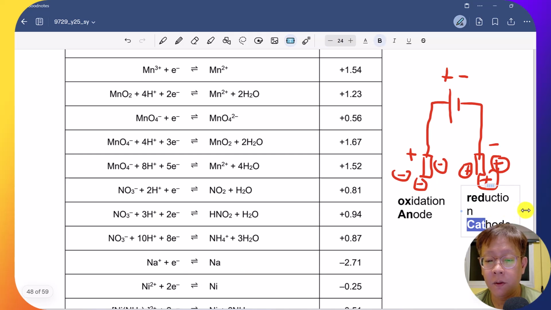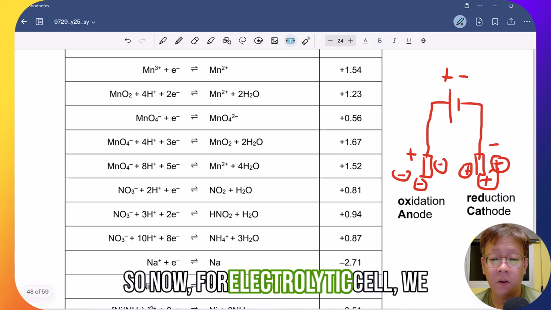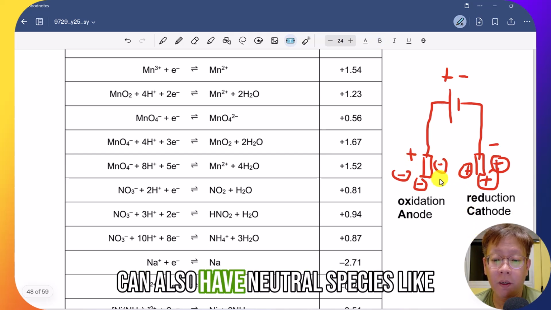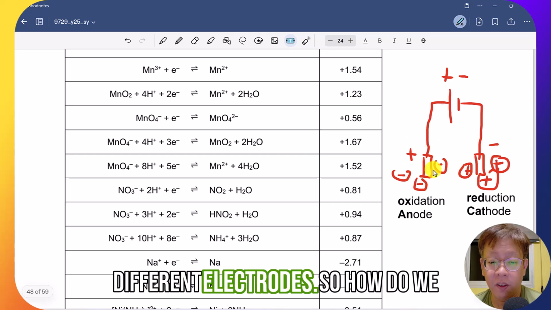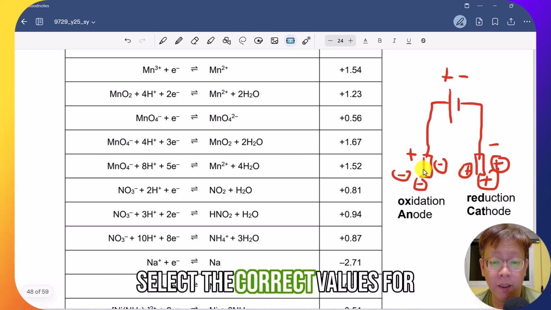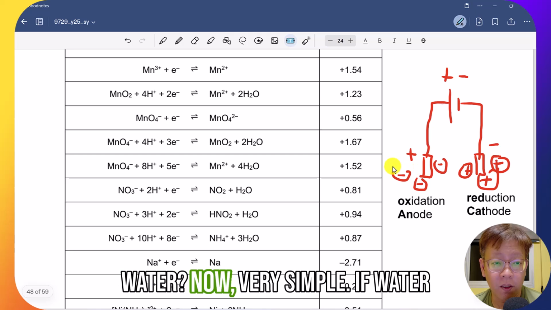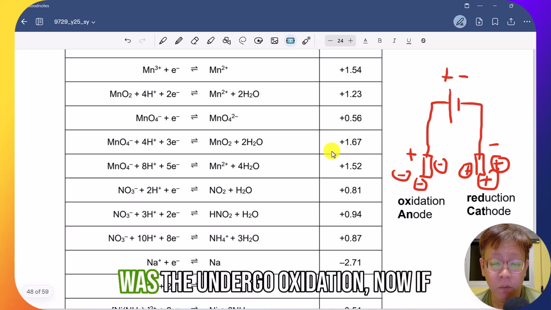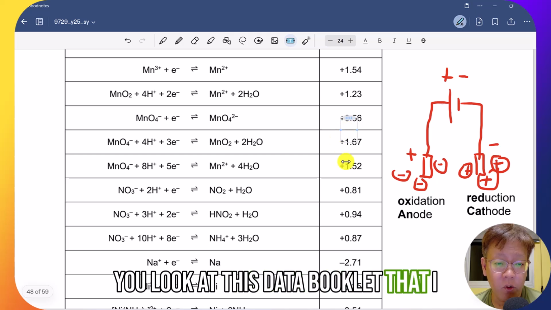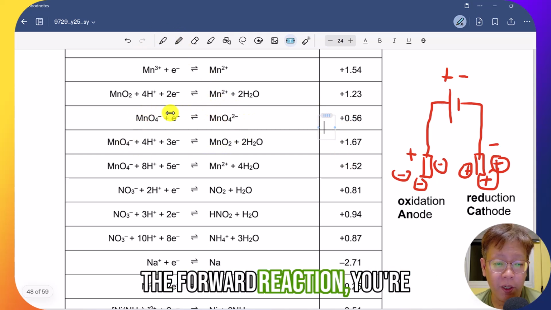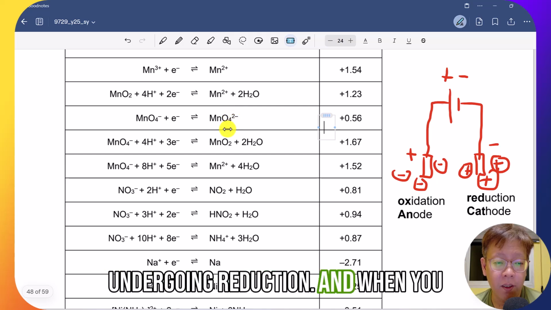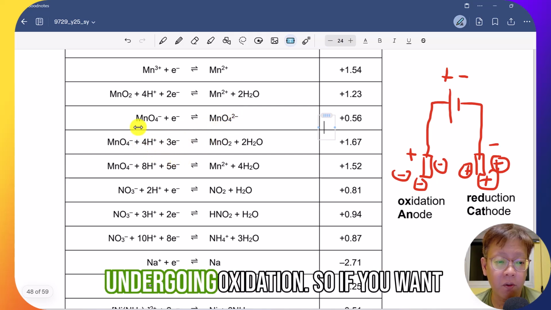Follow? All right. So for an electrolytic cell, we can also have neutral species like water attracted to the two different electrodes. So how do we select the correct values for water? Very simple. If you look at the data booklet that I have here, when you have the forward reaction, you're undergoing reduction, and when you have the backward reaction, you're undergoing oxidation.